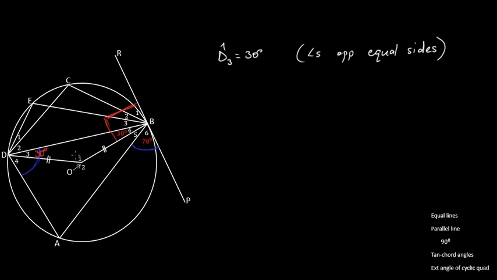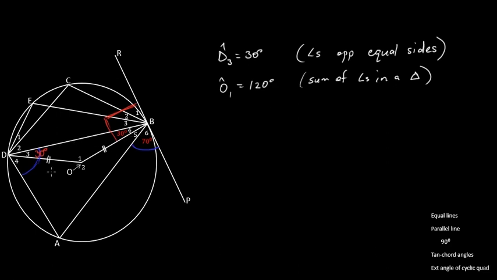I'm not sure if you notice we're still on the same triangle ODB. Now we have two angles in this triangle. We're looking for the third one. So that's your sum of angles in a triangle. That's how we're going to get to O1. So O1 is 120. Reason: sum of angles in a triangle.